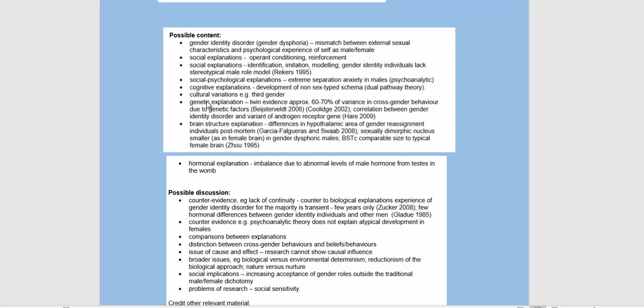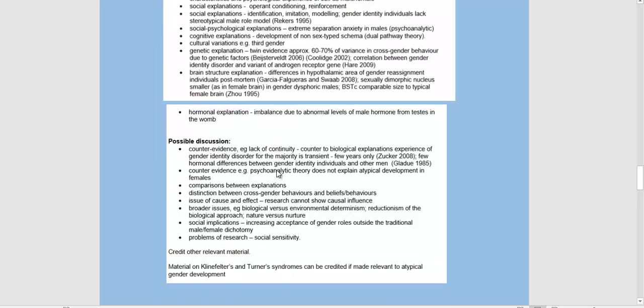And obviously always mention the mismatch between external sexual characteristics and psychological identity. Okay, so there's plenty of AO1 discussion points, counter arguments really. So we've got counter evidence in terms of other approaches, comparisons between these explanations, and making sure we've got some of this covered.